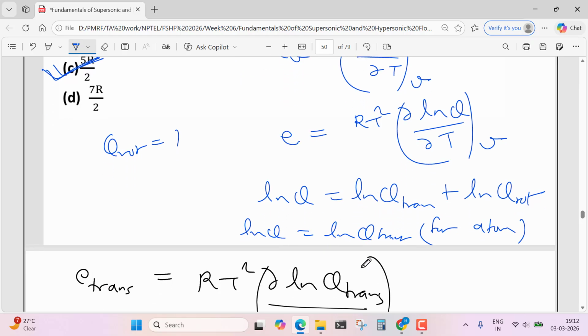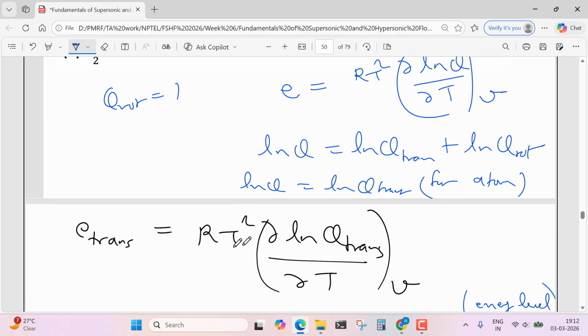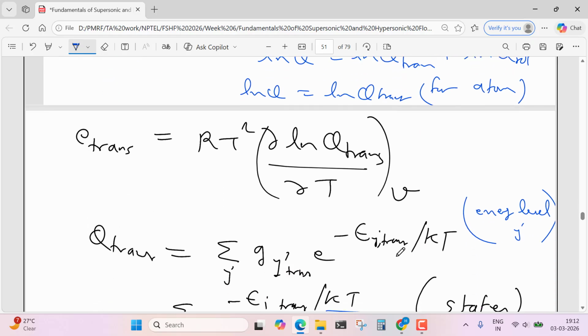So we have to find only E translational, which will be RT square dou log Q translational upon dou T at constant volume. So now we have to find this Q translation value. Q translation will be given by sigma j, Gj translational e to the power minus epsilon j translational upon kT.